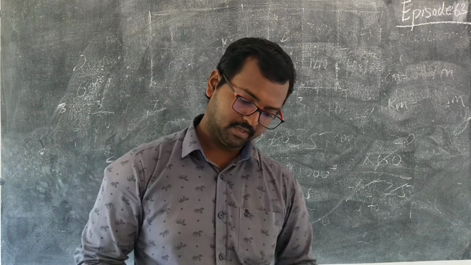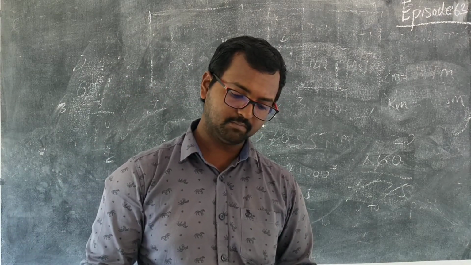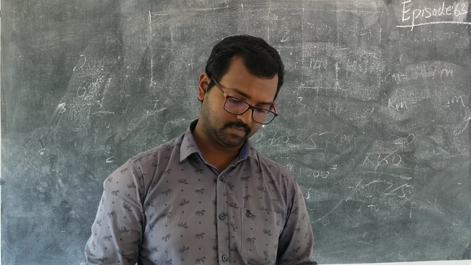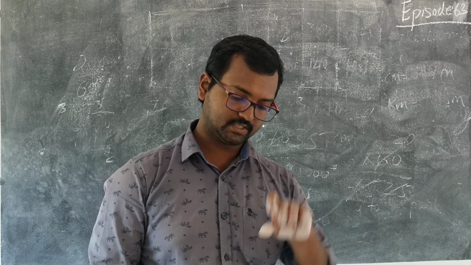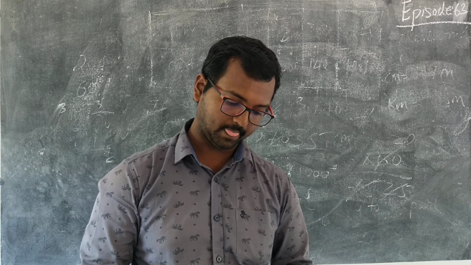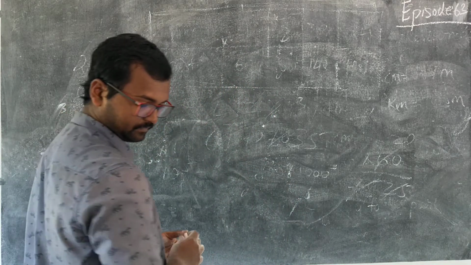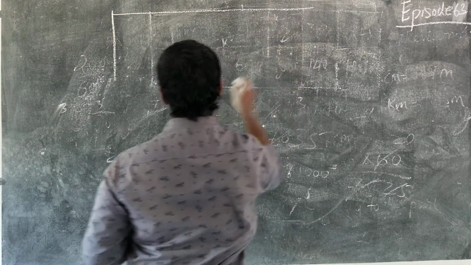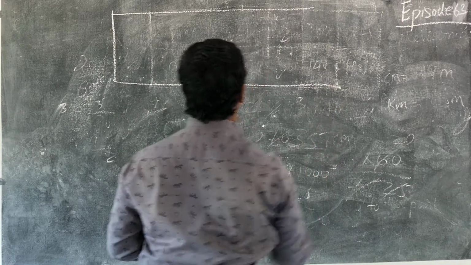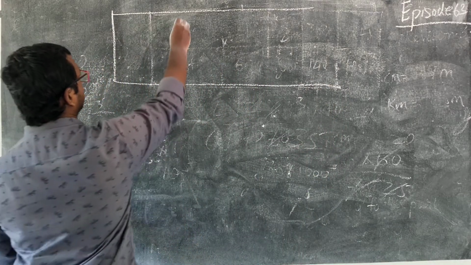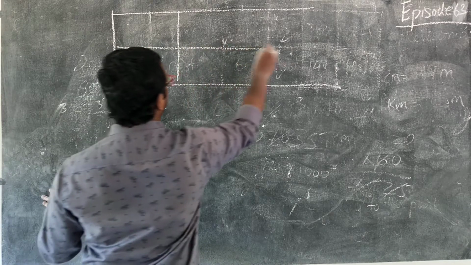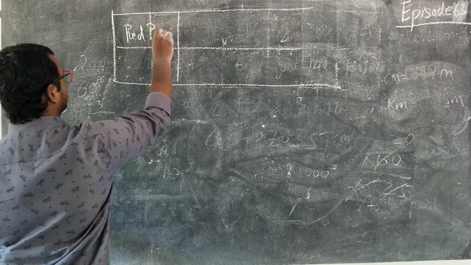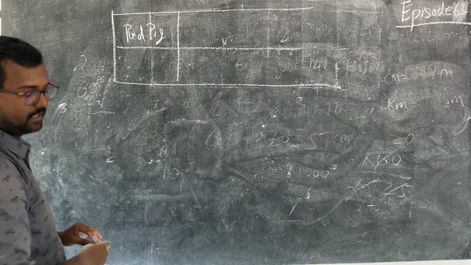The second question is, a mixture of paint is prepared by mixing 1 part of red pigment with 8 parts of base. In the following table, find the part of base that needs to be added. Okay, so this is the part of red pigment, and next we have base.